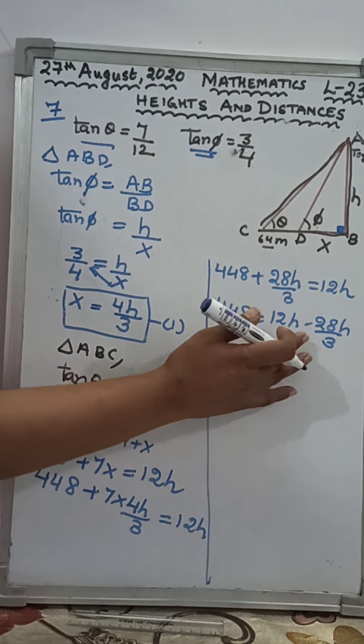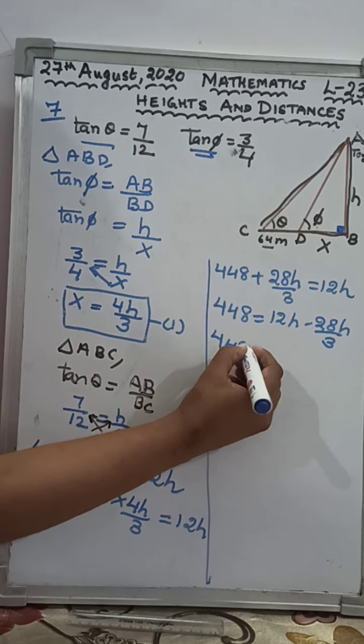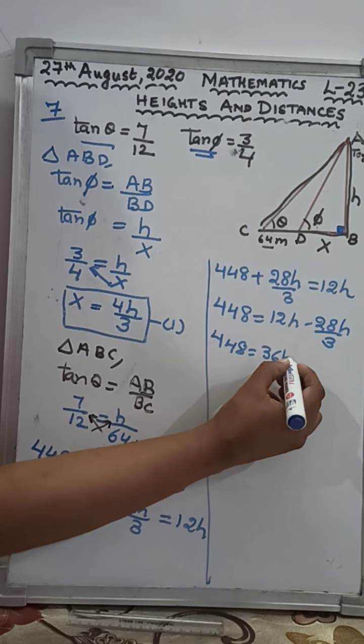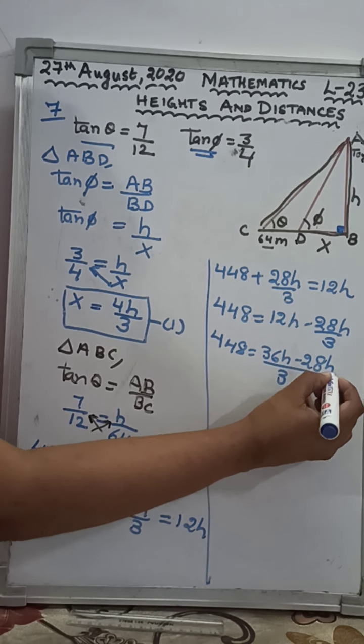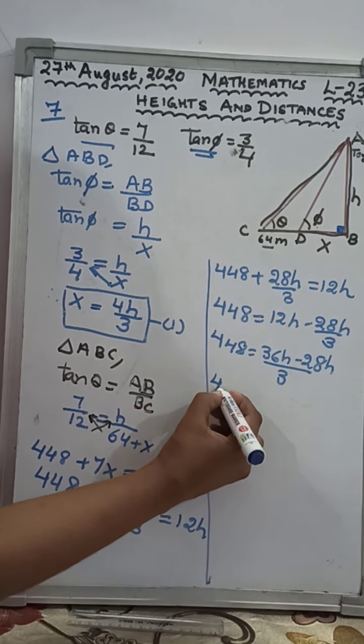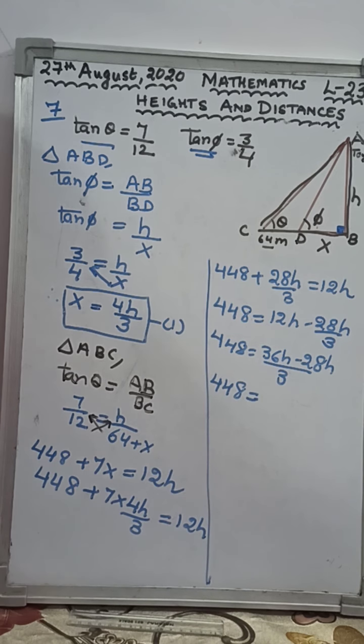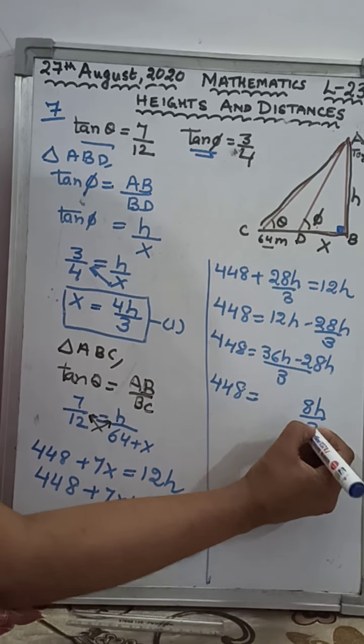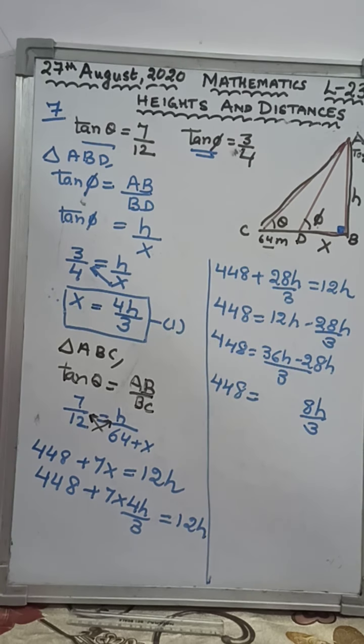So we'll take the LCM 3 over here. 12 into 3 is 36h minus 28h. When you solve it, it comes out to be 8h upon 3.